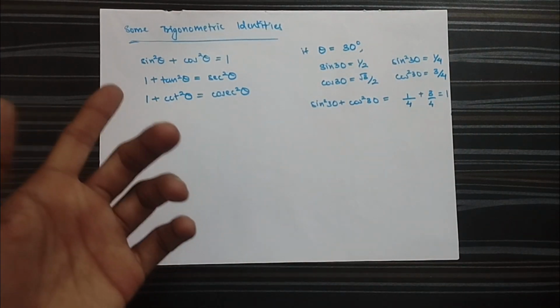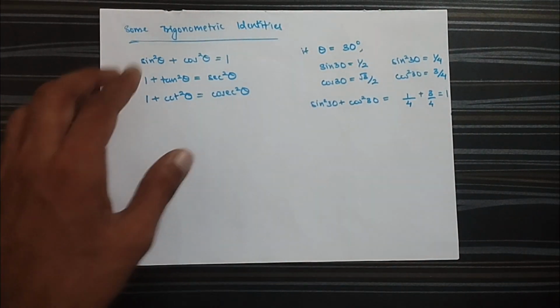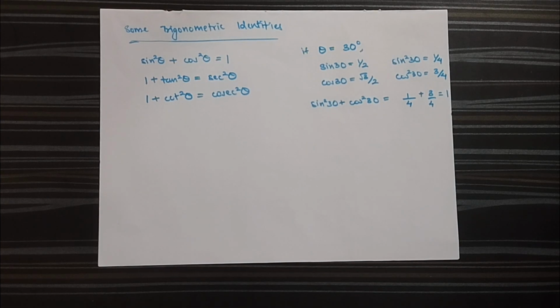So we have hence proved the identity. This is valid for any angle. I have taken 30 here. You can do it for 60, 45, or other non-specific angles like 47, 54, or any angle. This is valid.